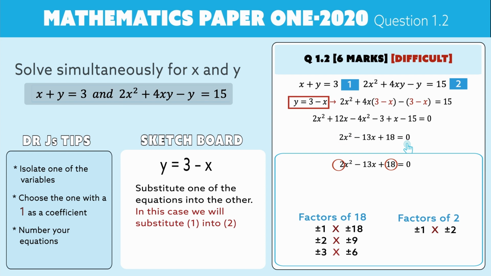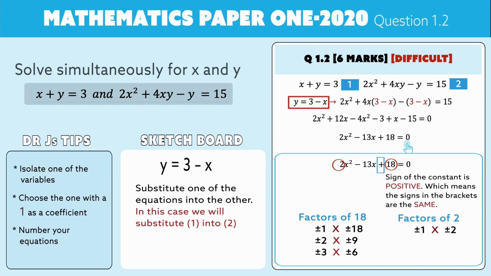Now let's look at the signs in the equation to determine what we want to do. First of all, the sign of the constant is positive, and the sign of the constant being positive means that the signs in the brackets are the same. Okay, so we've established they're the same.